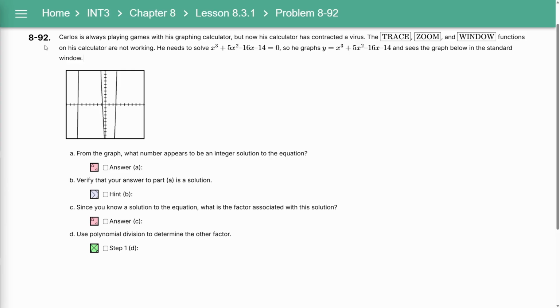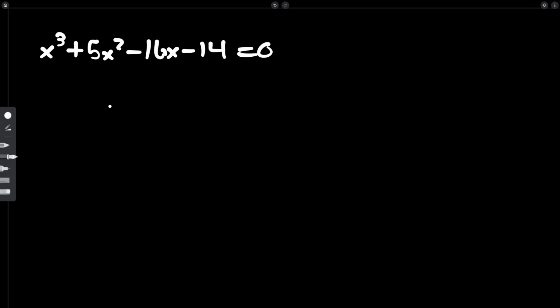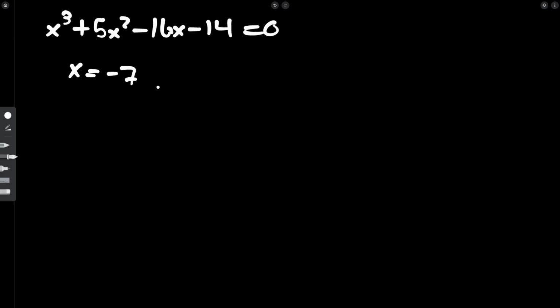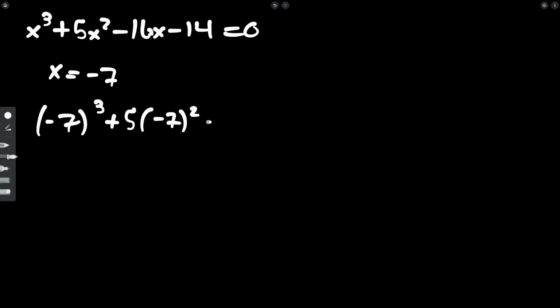So, switching over to our canvas window, I didn't actually remember it: x cubed plus 5x squared minus 16x minus 14 equals 0. Is that right? Yes, it is. We have x equals -7. So that'd be -7 cubed plus 5 times -7 squared minus 16 times -7 minus 14, and this should be 0.